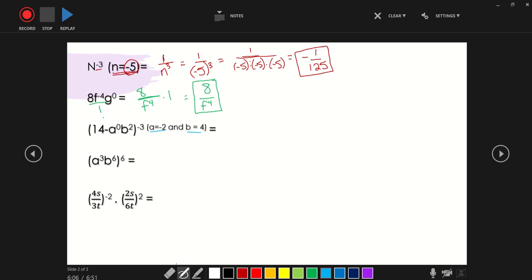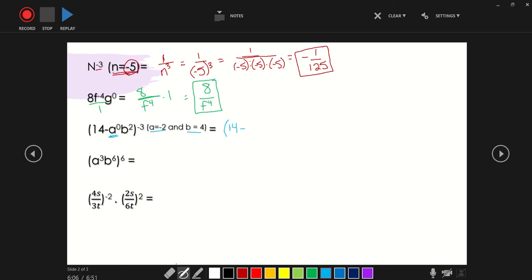With PEMDAS, I need to solve what's in parentheses first, and then I need to work on exponents. So this becomes 14 minus, and we are going to plug in our numbers here. Now we know that any number, whether it be a to the 0 power or negative 2 to the 0 power, is always 1. It's always going to be a positive 1.